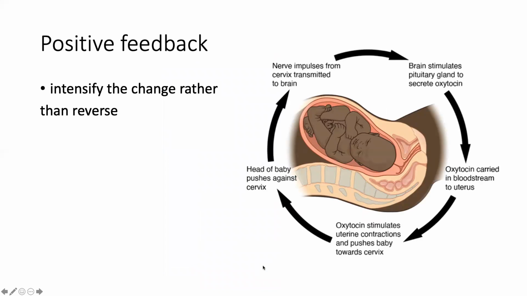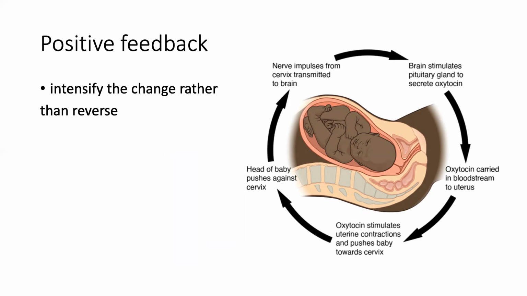So what is positive feedback? It is different from negative feedback, because in negative feedback, if something is going wrong, it tries to correct back to the normal. But in positive feedback, it changes the intensity rather than reversing.